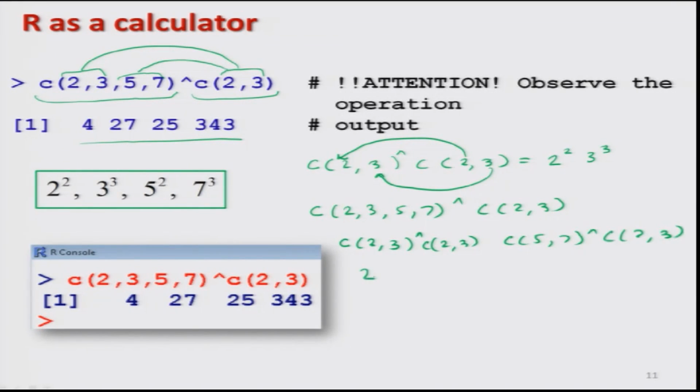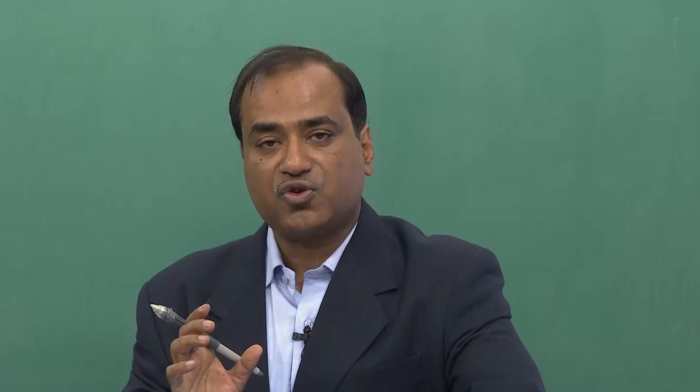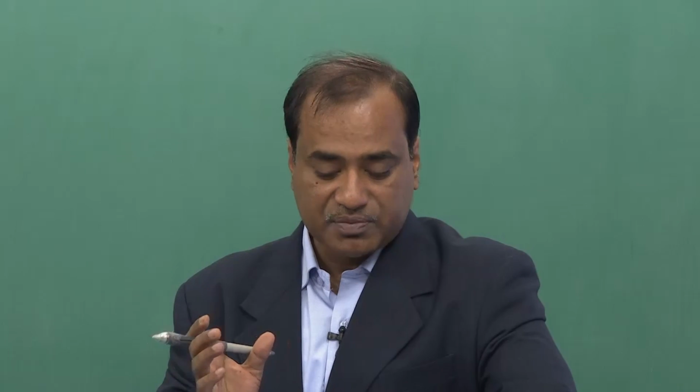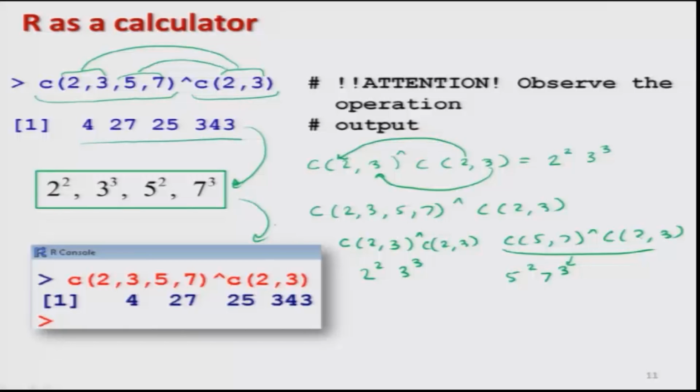So, this is actually 2 square, 3 cube, and then again from here this gives me 5 square and 7 cube, and these are the values which have been obtained over here, and this is a screenshot of this. So, you can see how the operations are being carried out when we multiply a vector by a vector. But please note one thing here: the number of multiples are the same. That means everything is being multiplied in a factor of 2 values.